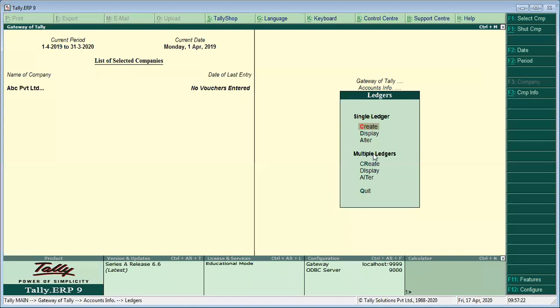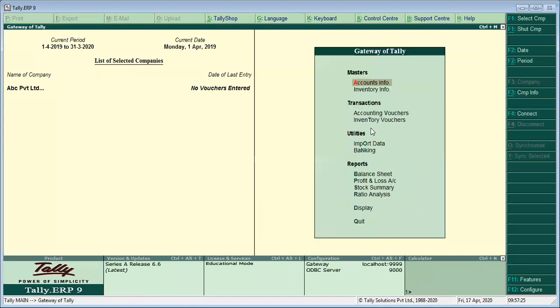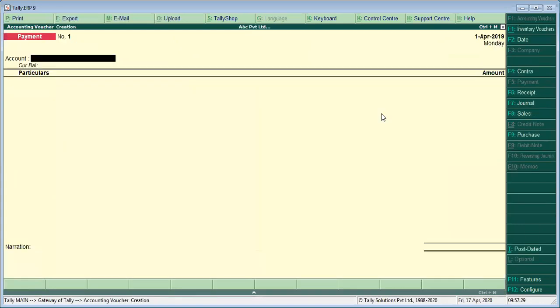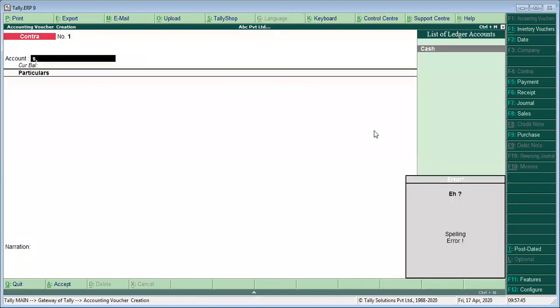Yes, okay. So you have already created an entry, right? So go for accounting vouchers. So we need F4 features. Just give the F4, then it appears as the contra. So what is the basic account that you are preparing here?